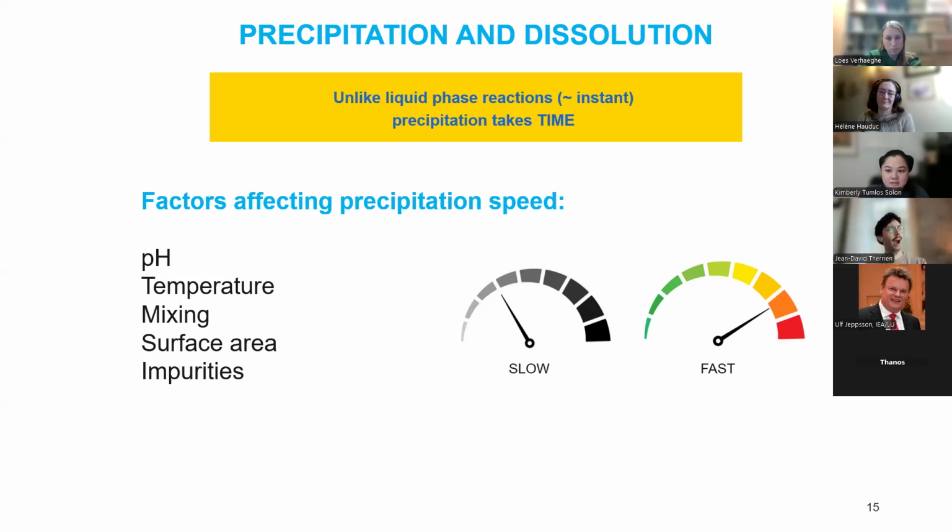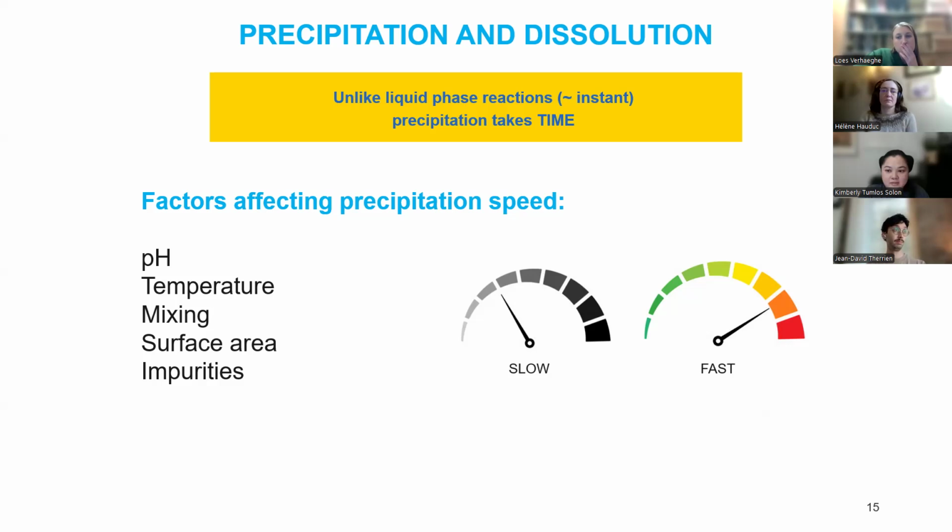When temperature is increased, what happens to the rate of precipitation? If I stir more intensely, what happens to precipitation speed? What if I have bigger surface area, or initial surface particles that are present there? What if there are also impurities present?